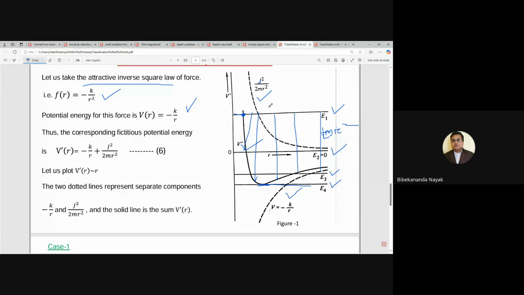So here the body changes its direction of motion. The particle coming from here goes back. Similarly, for E2 equal to 0, the case is similar. Here one turning point. The difference is positive and it goes back.